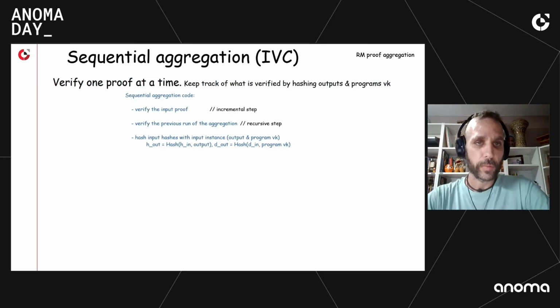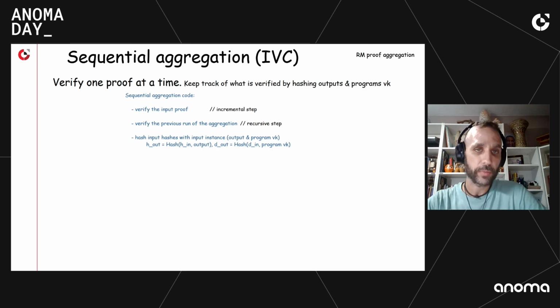So in a bit more detail, the idea in a single step of the sequential aggregation is to verify the input proof. This would be the incremental step. Then we verify that the previous run of the aggregation is valid as well. So for this step, we would need to pass to the sequential aggregation program its own verifying key.